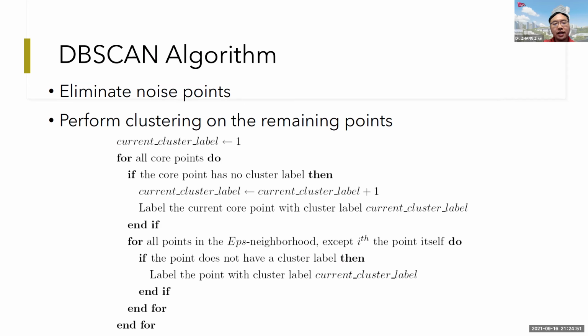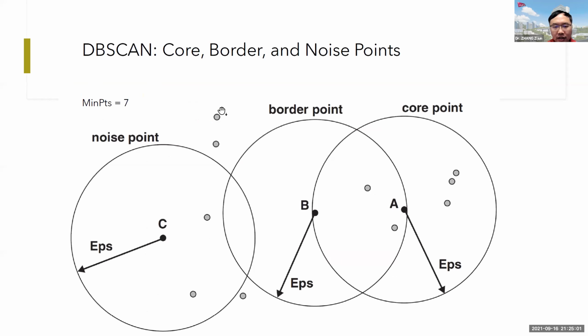So what does the DBSCAN algorithm do? First, we are given many data points. For every data point, we need to do a sweep. Then we annotate whether this point is a border point, a core point, or a noise point.